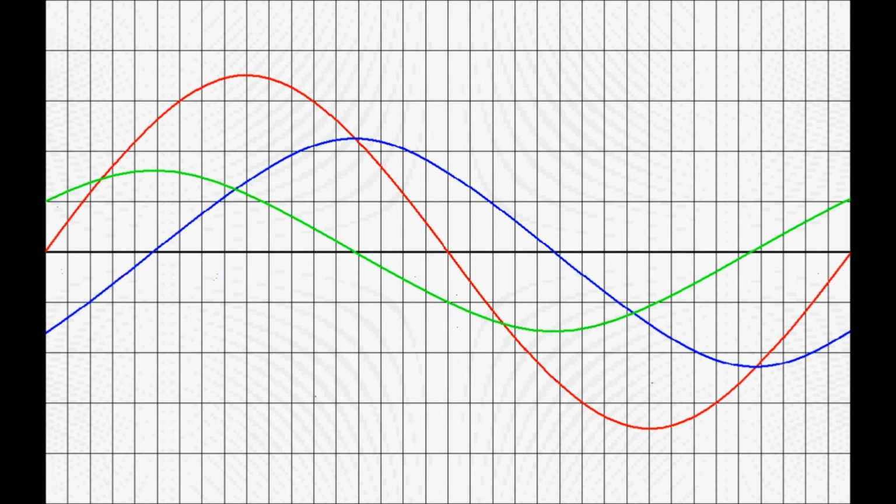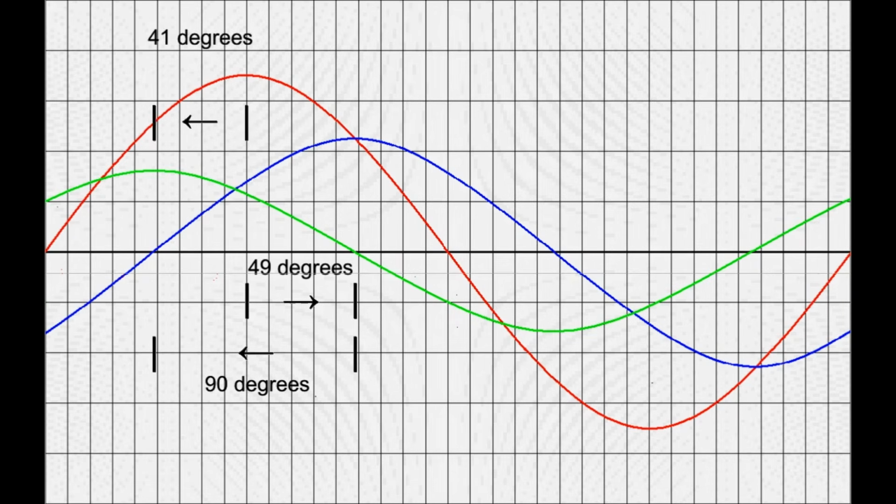In our circuit, the capacitor voltage lags behind the source voltage by 49 degrees. The current is 90 degrees ahead of the capacitor voltage. That puts the current approximately 41 degrees ahead of the source voltage. In our circuit, the current also has an RMS value of 1.25 amps. All of this finally shows us the relationship between the source voltage and the current.